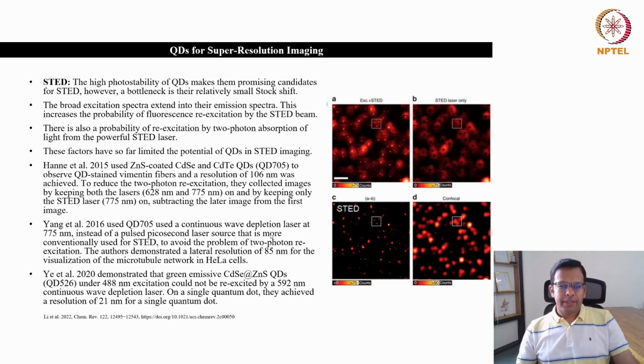By using this continuous wave depletion laser, they could avoid this kind of fluorescence re-excitation, and the authors demonstrated a lateral resolution of 85 nanometer for the visualization of the microtubule network in HeLa cells.